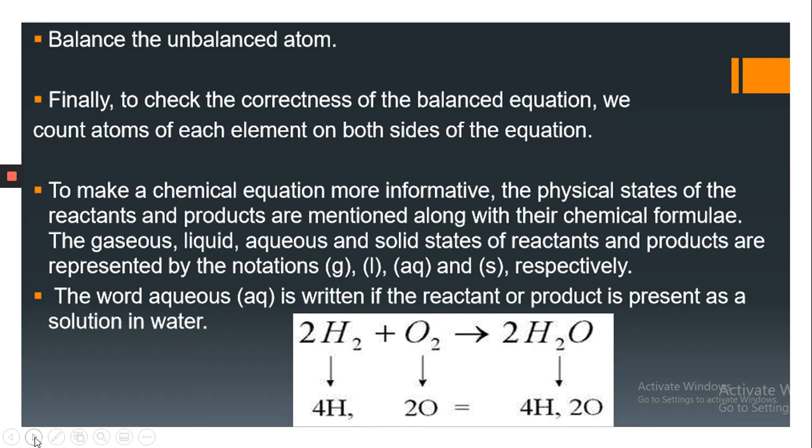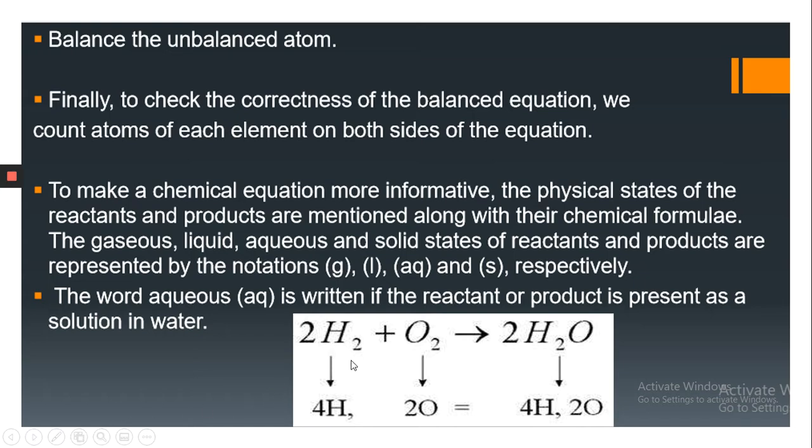And in the case of the aqueous state, aqueous means solution in water, so for representing aqueous we will use aq. And for solid state, we simply use s. The word aqueous is written if the reactants or products are present in solution or in water.